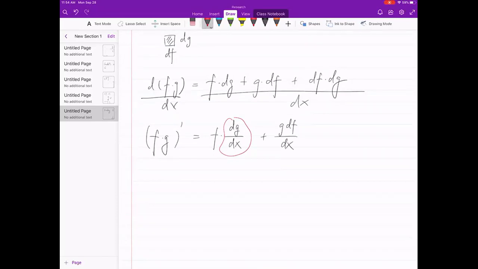And then I purposely wrote these two together, which you still can do. Good so far? The last one doesn't matter. Write whichever way you prefer. I just chose this, but feel free to switch and put dg here and df there. It doesn't really matter. And now you see this is f g prime plus g f prime.